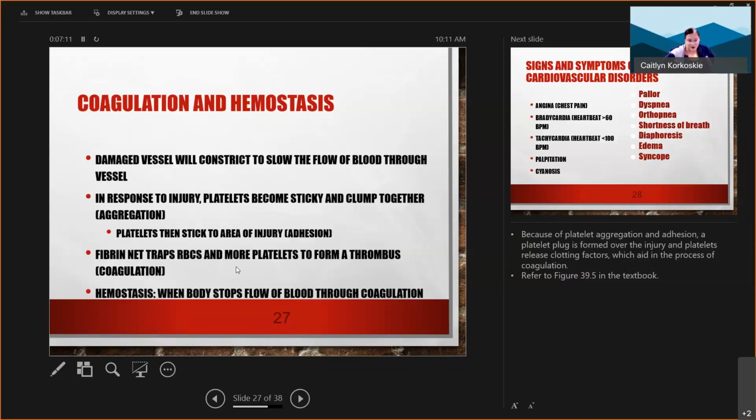So if you were to get a scrape or any type of injury like that, the thrombus is basically from the red blood cells that starts clotting the blood so you don't just continuously keep bleeding. The platelets also stick together when you have an injury as well. So it's the platelets and the thrombus that go together to help create the blood clotting.